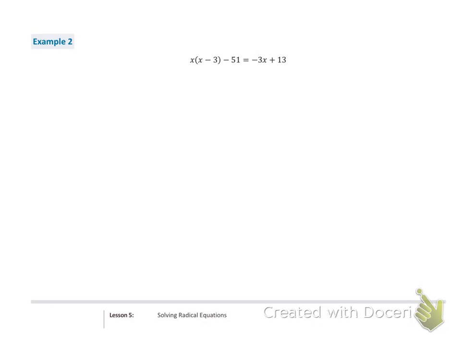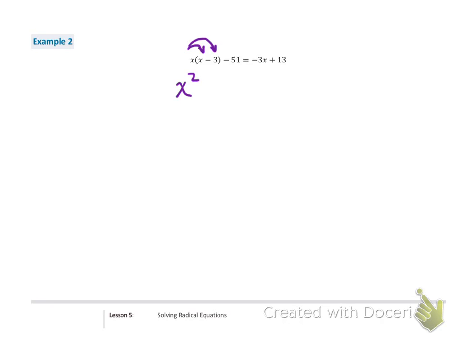Okay, so with this one, again, we've got some parentheses here and variables in the parentheses, so we want to distribute this. So my first step is going to be to distribute the x into that parentheses. So the first term will be x times x, and x times x is x squared.